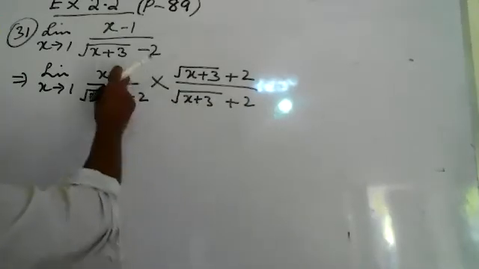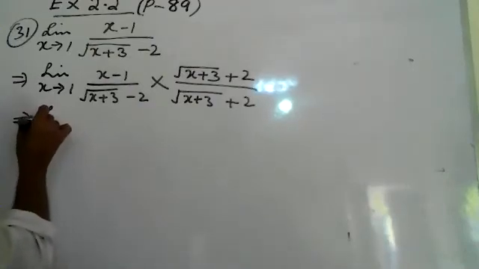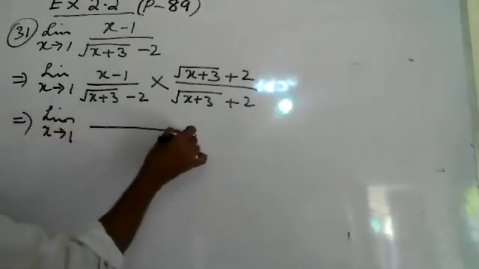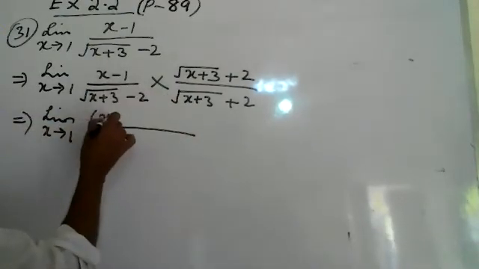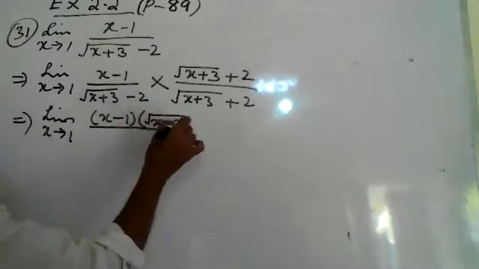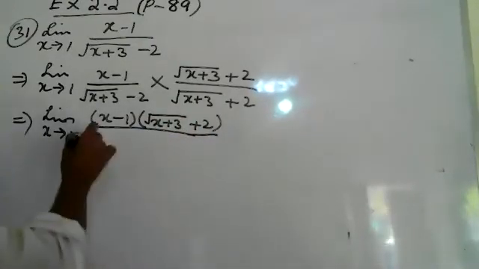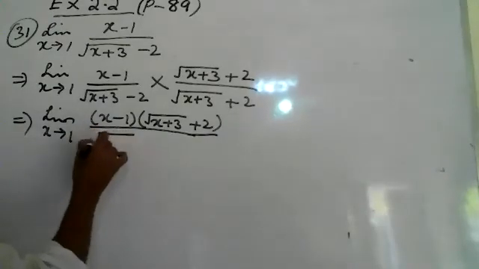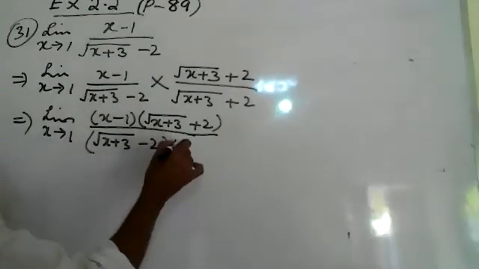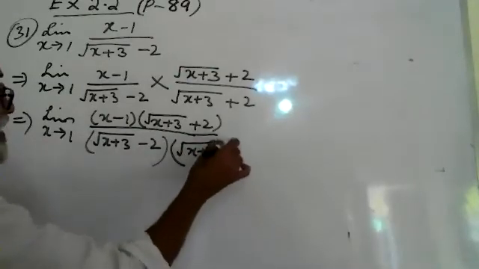These will be opened. The upper will remain as it is, x minus 1 in one bracket and under root x plus 3 plus 2 in the other bracket. Here also, under root x plus 3 minus 2 in one bracket and under root x plus 3 plus 2 in the other bracket.